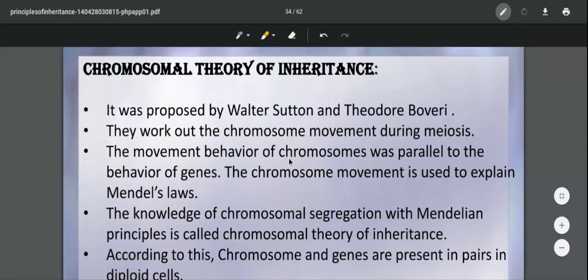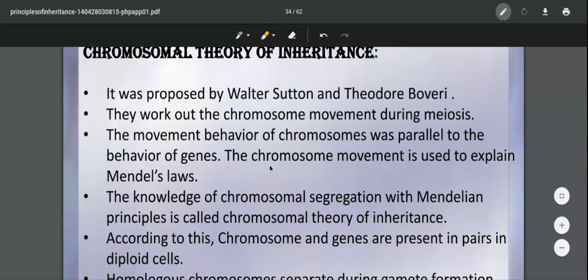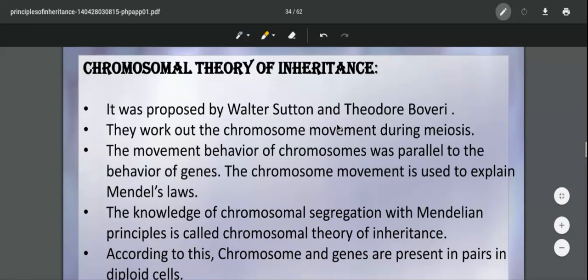So they rediscovered his work, and there were other scientists, two names given here, Walter Sutton and Theodore Boveri, who noticed that what they were talking about, that is factors and genes, what Mendel had originally talked about, had behavior very similar to that of chromosome behavior.